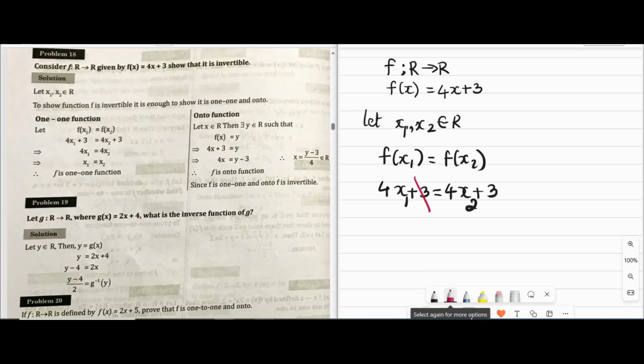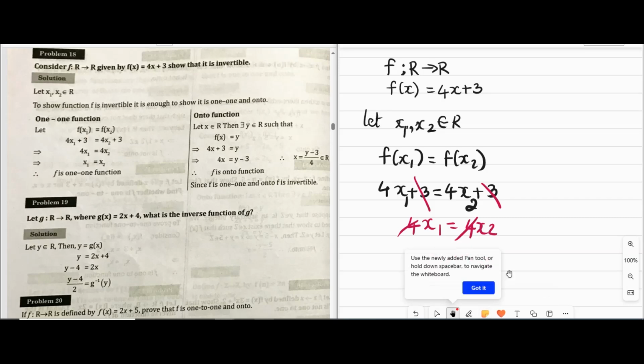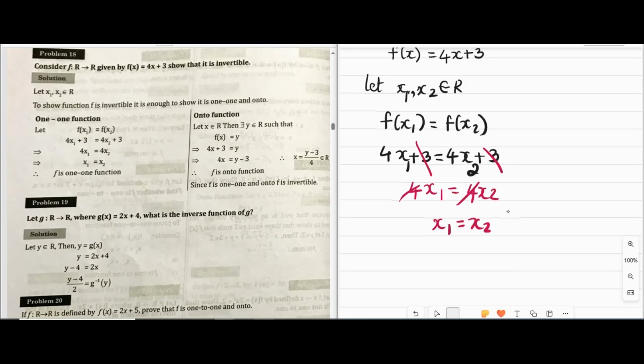The 3 and 3 get cancelled. So we are left with 4x1 equal to 4x2. Then 4 and 4 will get cancelled. We have x1 equals x2. Therefore f is 1-1.